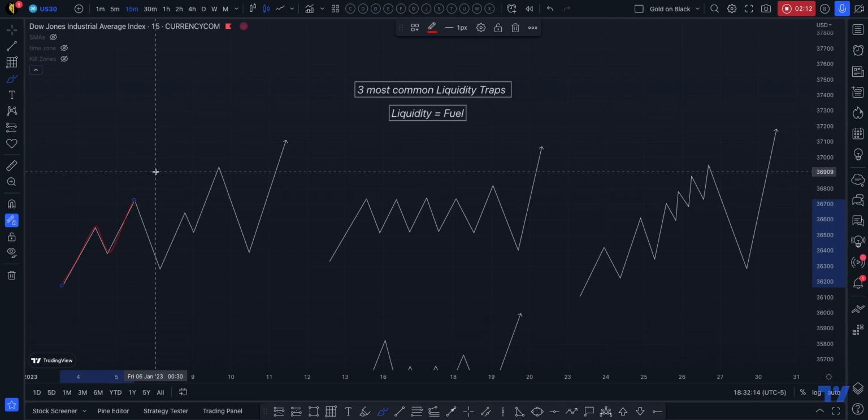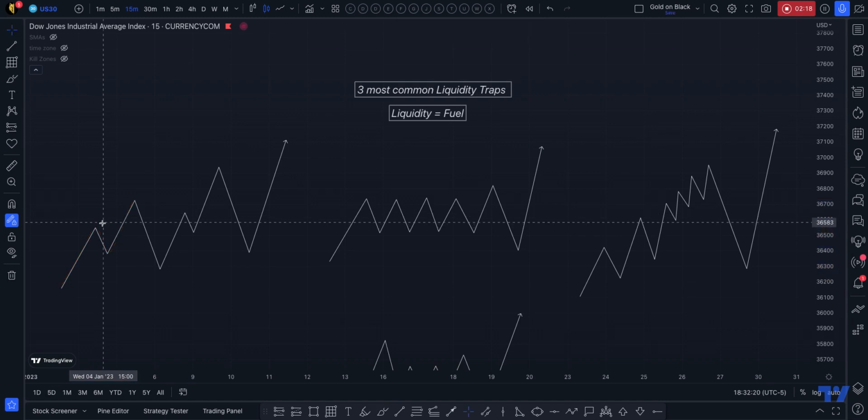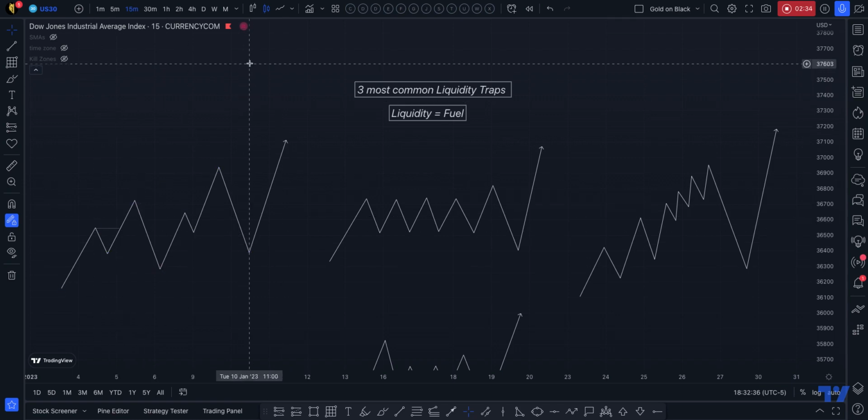In terms of smart money concepts, people will call this a BOS, a break of structure, right here. In reality, this is not a break of structure because the market needs to take liquidity, it needs to take fuel before actually completing the move, or going to a certain direction.